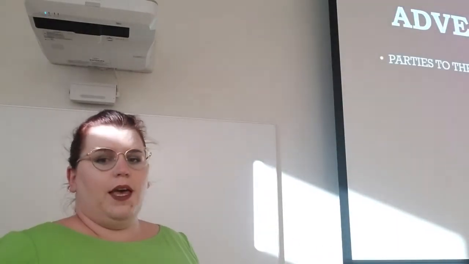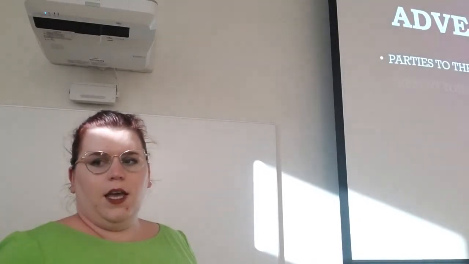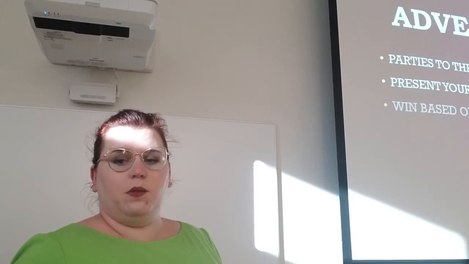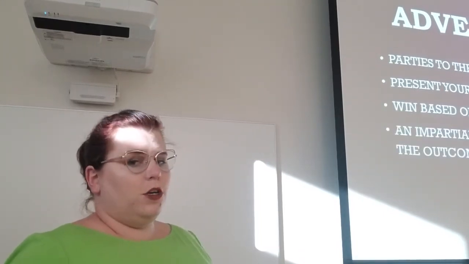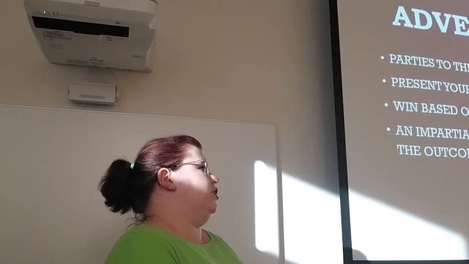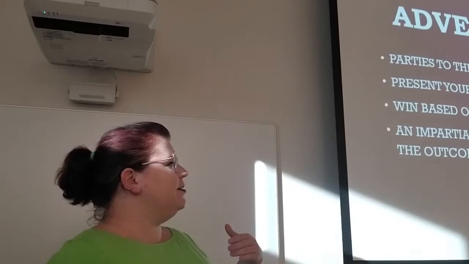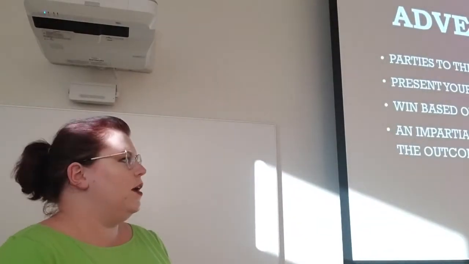And we have an adversarial system. So that means that the parties of the lawsuit are opponents. And you present your case in the most favorable light, you win based on an application of the law, and an impartial decision maker chooses the outcome. So for us, it's going to be a judge or a jury who is going to decide the outcome.